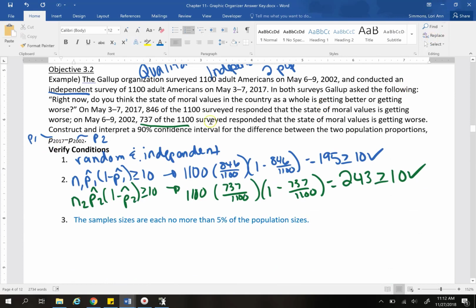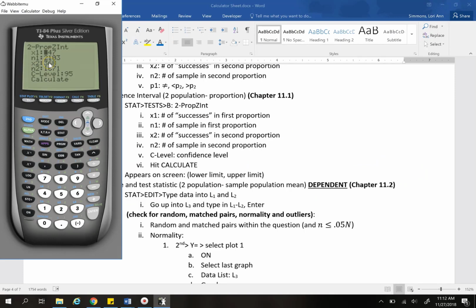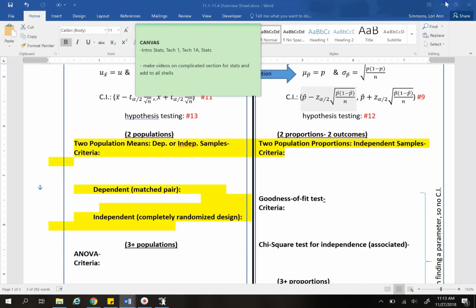So 2017 data is going to go in for X sub 1 and N sub 1. So 846 over 1100, and then 737 over 1100 at the 90% confidence interval. We get a lower bound of 0.068 and an upper bound of 0.130.